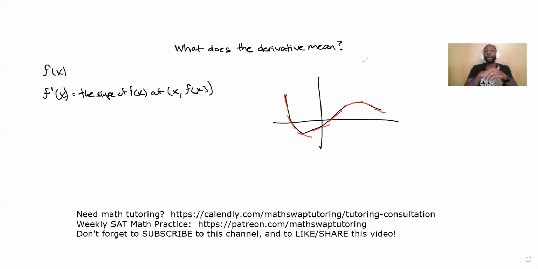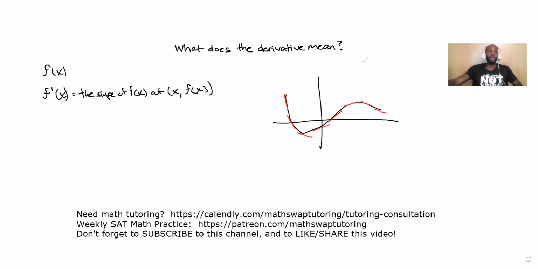Okay, so that's all the slope is. Let me reiterate what I just said. Basically, the derivative of a function tells you if a function is increasing or decreasing.